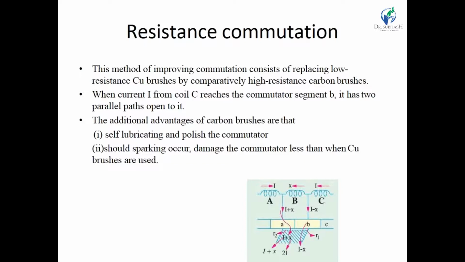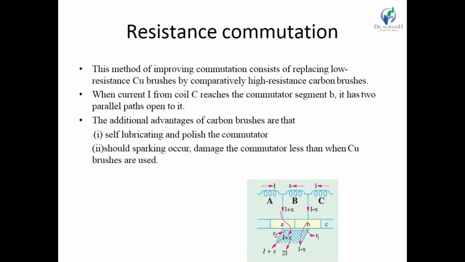Hence, the current through the coil will first take the first path and then gradually get shifted over to the second path. This will make the commutation fast and sparkless.